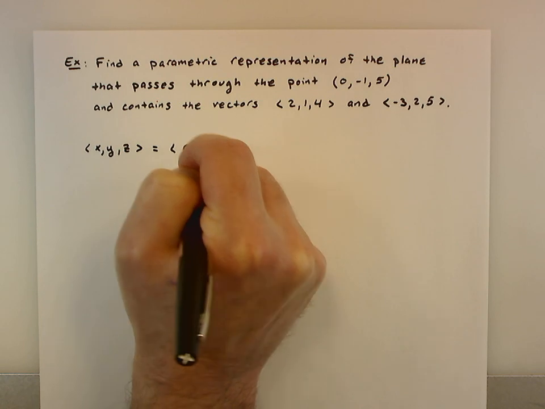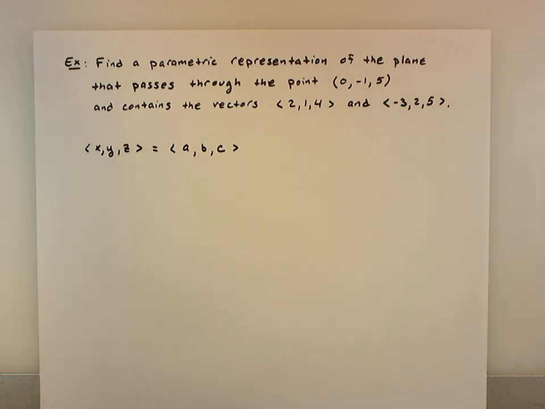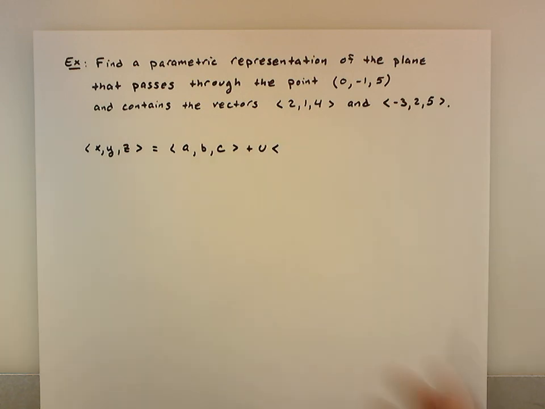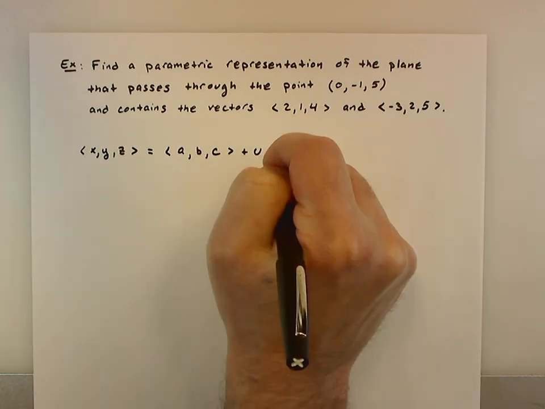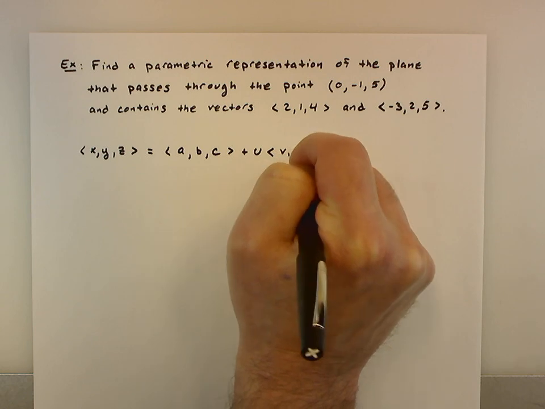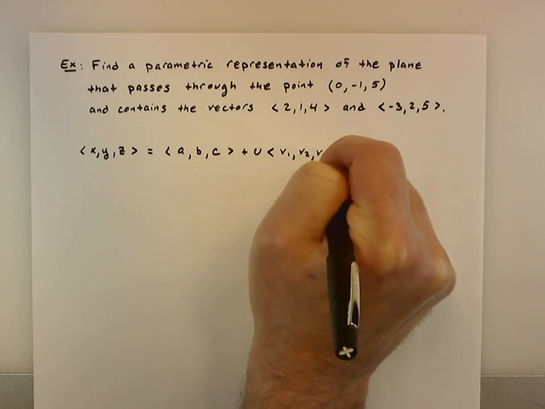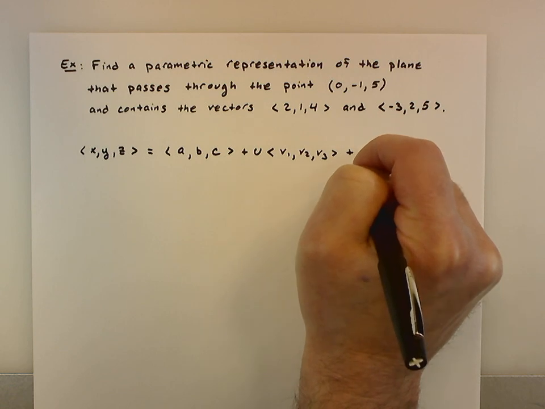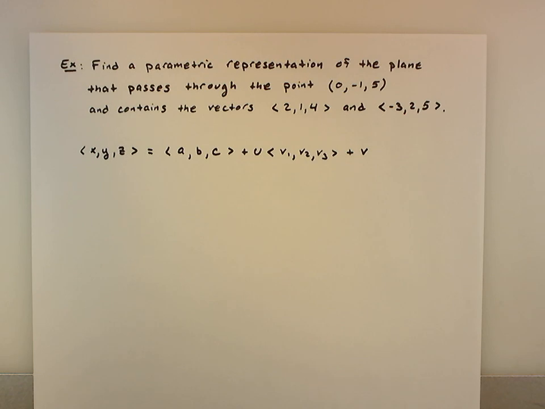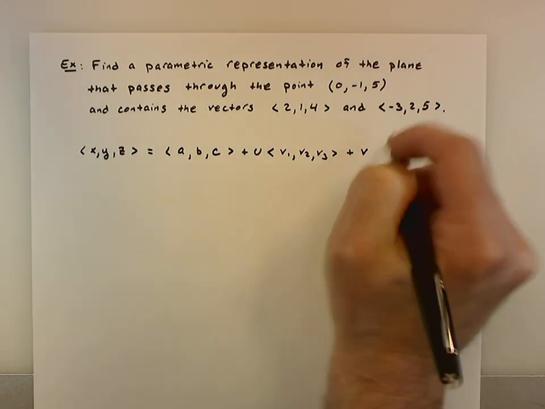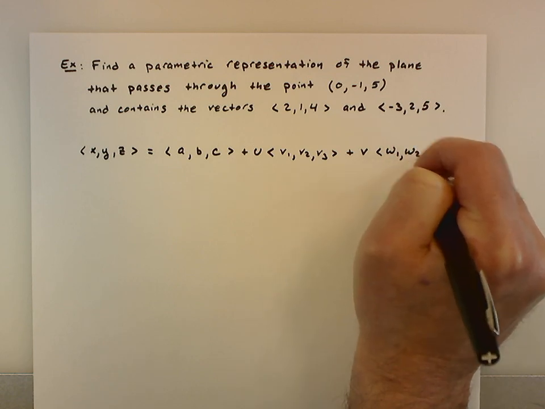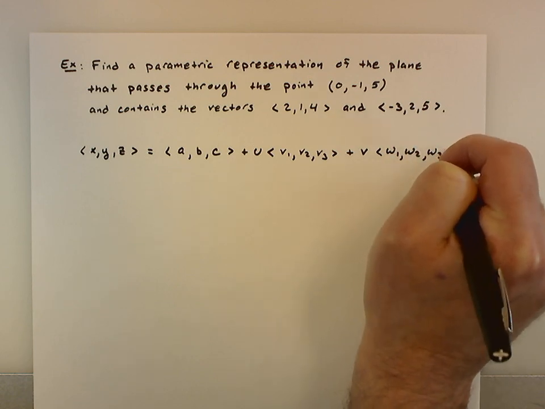I'll call it ABC plus u multiplied by a vector in the plane. I'll call it v1, v2, v3, plus another parameter v, multiplied by a vector in the plane. I'll call it w1, w2, and w3.